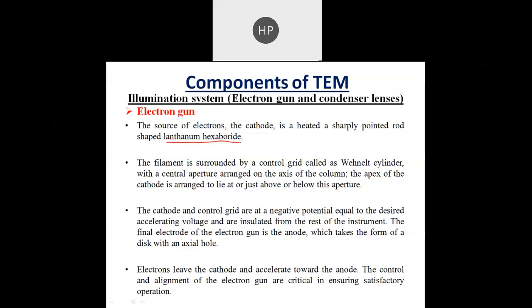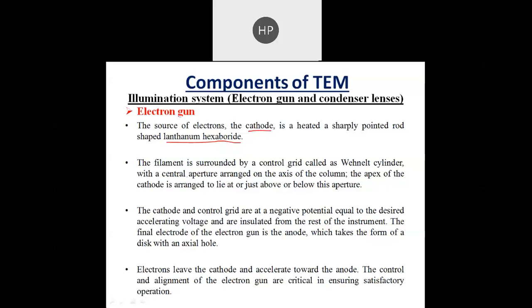But lanthanum hexaboride is somewhat costlier and difficult to handle, but it will give us a bright image, and that's why in transmission electron microscope we use a lanthanum hexaboride pointed-shaped cathode.